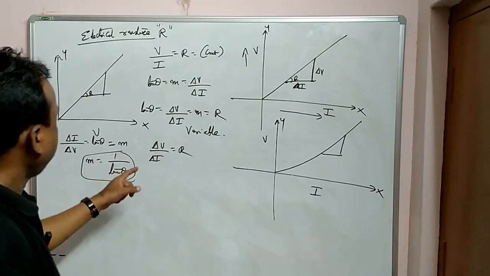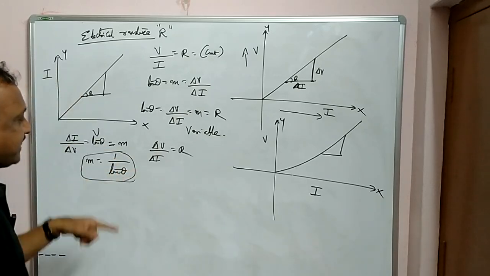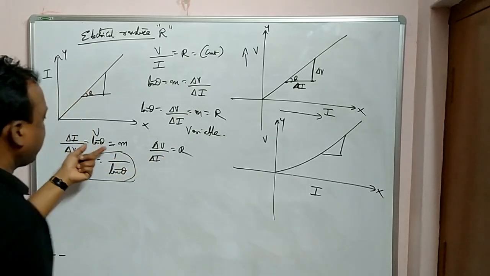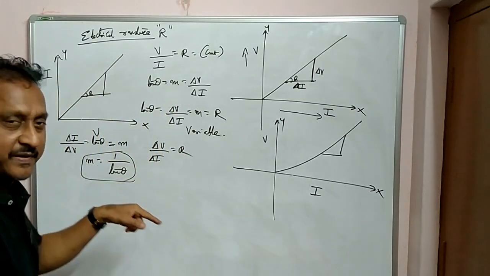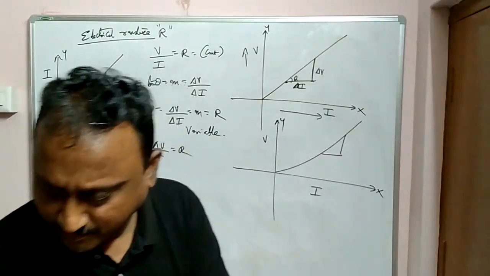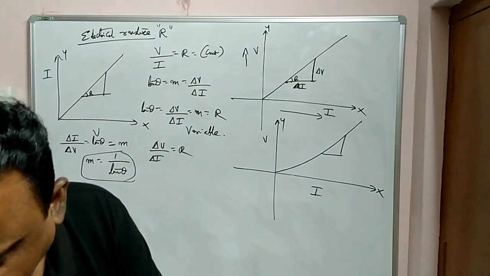You can see the slope is reversed, 1 by tan theta. Because what is tan theta? Delta V by delta I. So here the slope is becoming reversed, the reciprocal, 1 by tan theta, please. Clear?